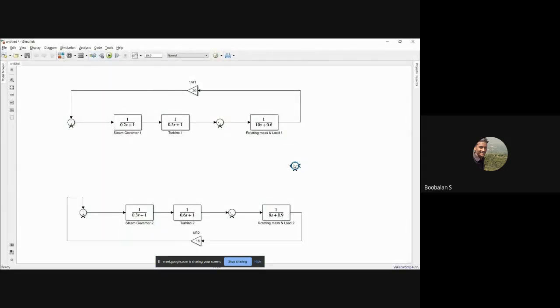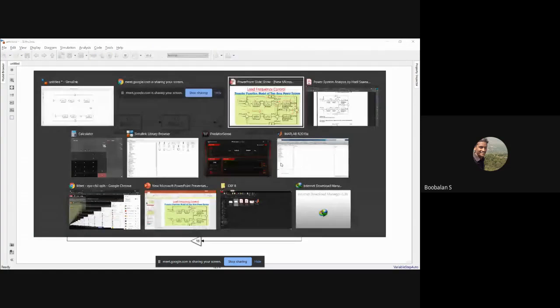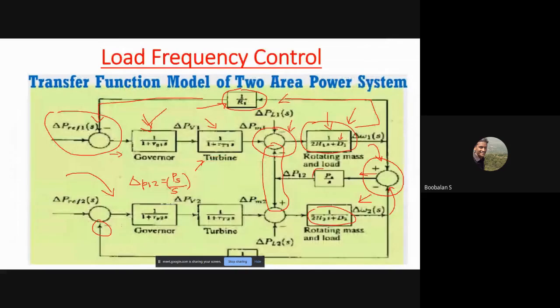The change in frequency from area 1 is the plus terminal, and minus is from the second terminal, and the output is multiplied with my integrator and gain value.